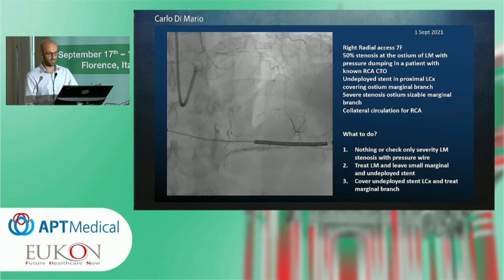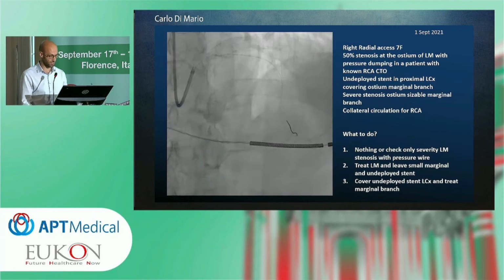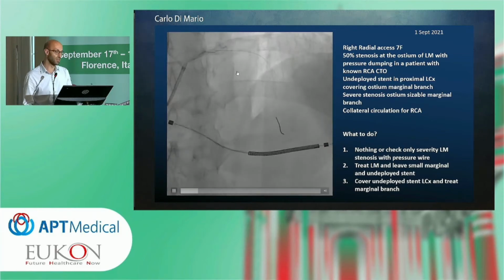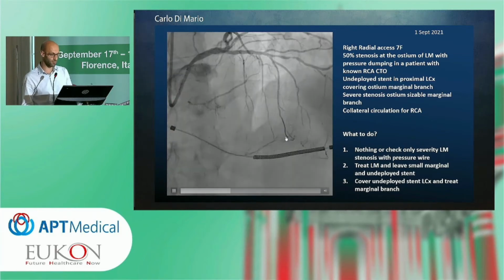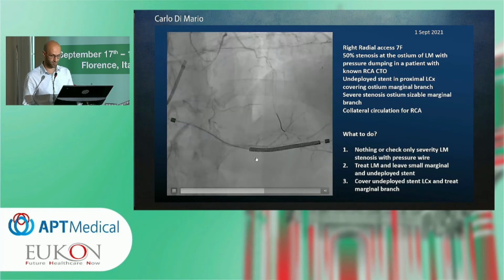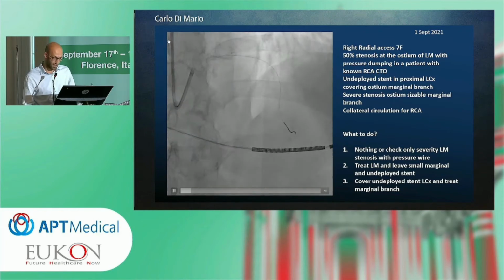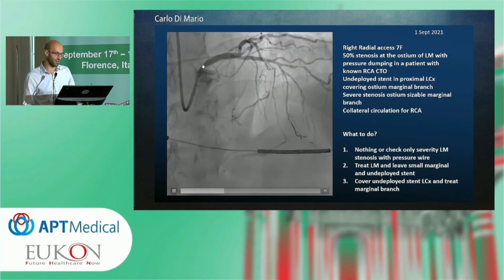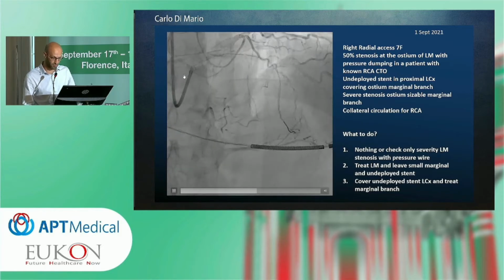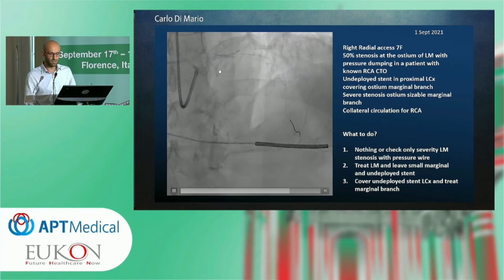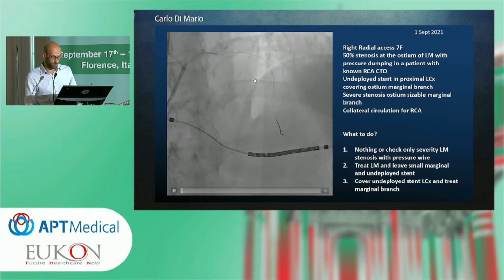As you can see, there is an eccentric stenosis on the left main. There is this circulation for the right coronary artery. This was a right radial access, an EBU 7 French catheter. And what to do now?